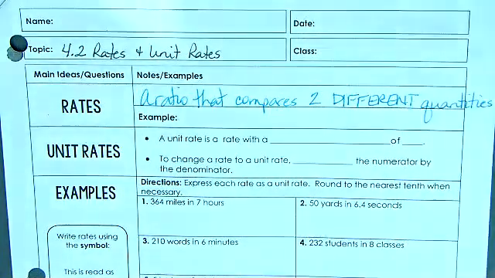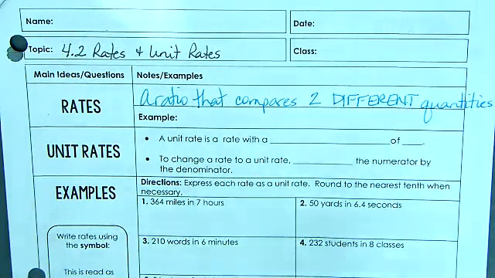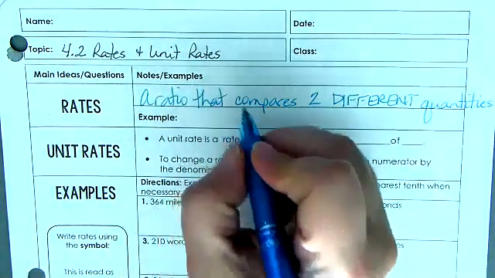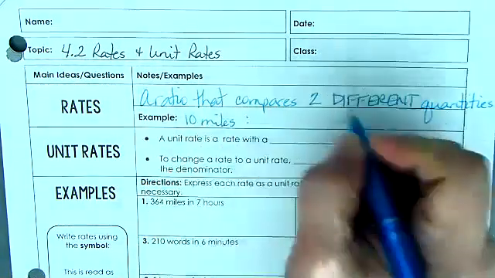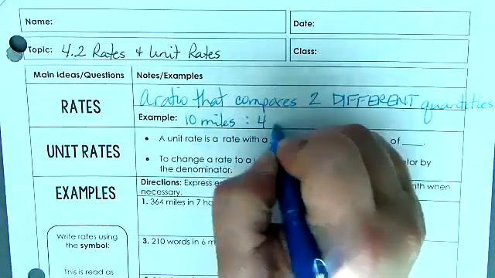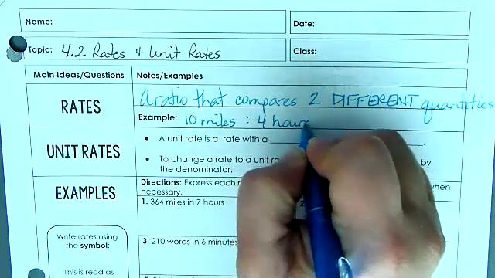An example might be miles per hour. That's a rate. It's two different things you're talking about. And here goes the example: 10 miles, colon, 4 hours.